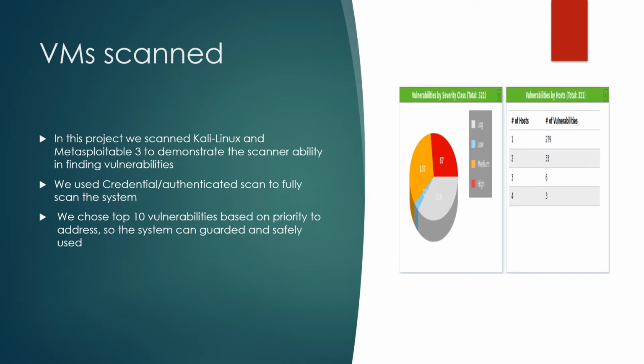We used the Kali Linux and Windows 10 in a sandbox connected to a LAN network, and the Metasploitable 3 was connected to a sandbox network. For Kali Linux and Windows 10, we used full credential scanning to get full access to the system and pull all the vulnerabilities that are found.